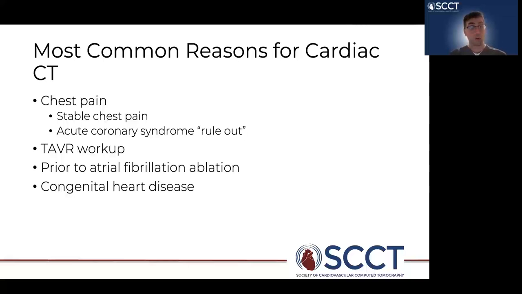Another example is prior to AFib cases. So our electrophysiologists, when they do AFib ablations, will essentially ablate around the pulmonary veins, called pulmonary vein isolation. Most commonly, there are 4 pulmonary veins, 2 on the left, 2 on the right. However, there are patients, and it's not uncommon, it's a normal variant to have 5 pulmonary veins.